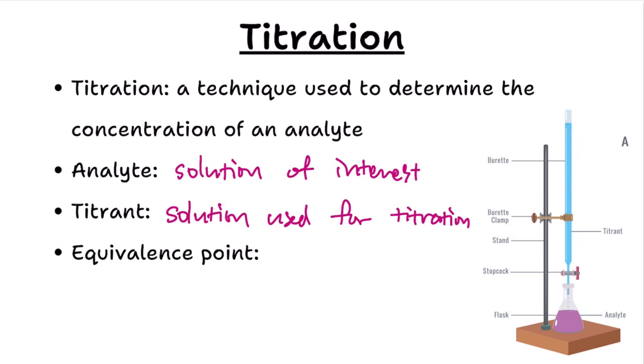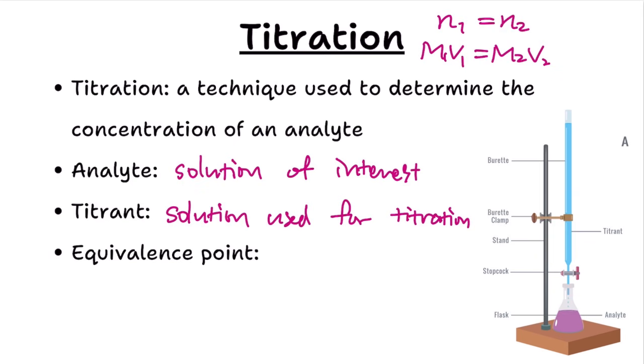And then we can use the stoichiometry: number of moles of reactant 1 is equal to number of moles of reactant 2, given that these two reactants react at a ratio of 1 to 1. Then the concentration multiplied by the volume of the titrant is equal to concentration of the analyte multiplied by the volume of the analyte.